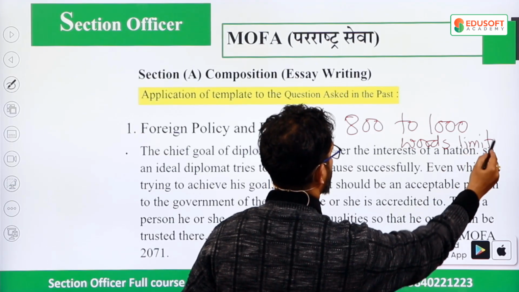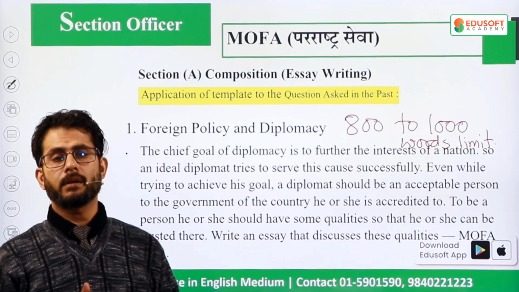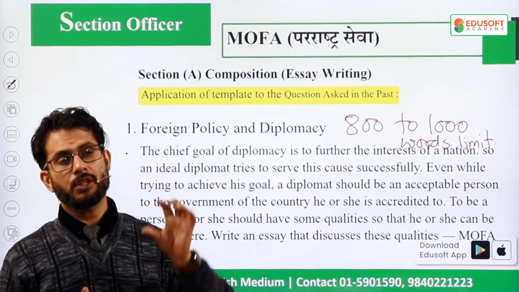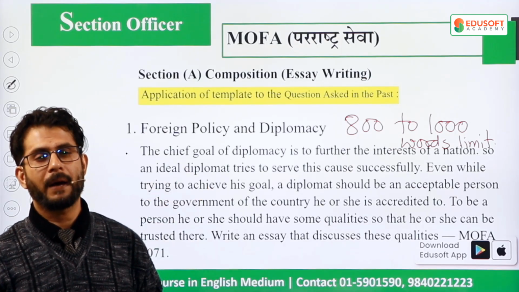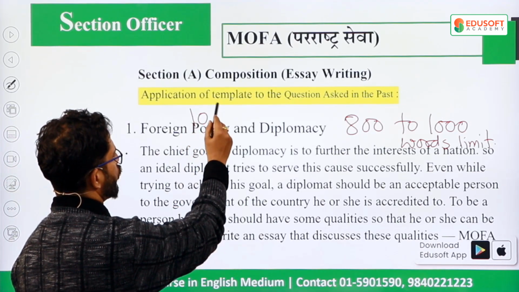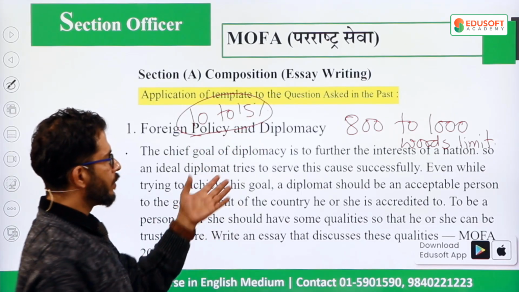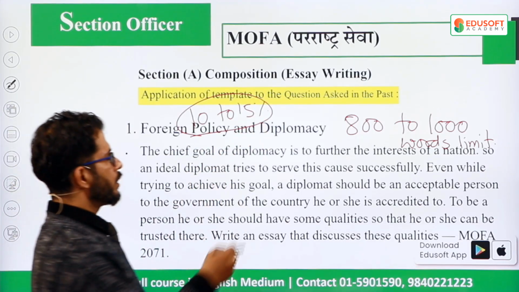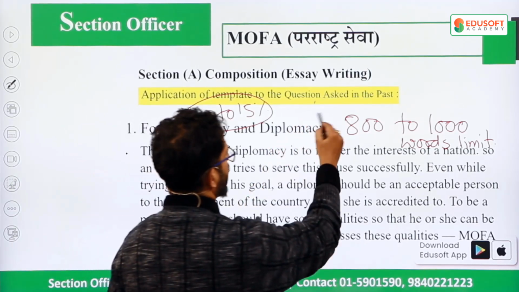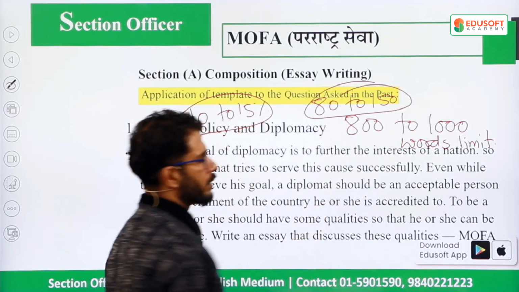As you are going to create a long essay, even your introduction cannot be just 3 or 4 lines. You can write 10 to 15% of the total count in your introduction. That is to say, you can write 80 to 150 words in your introduction.